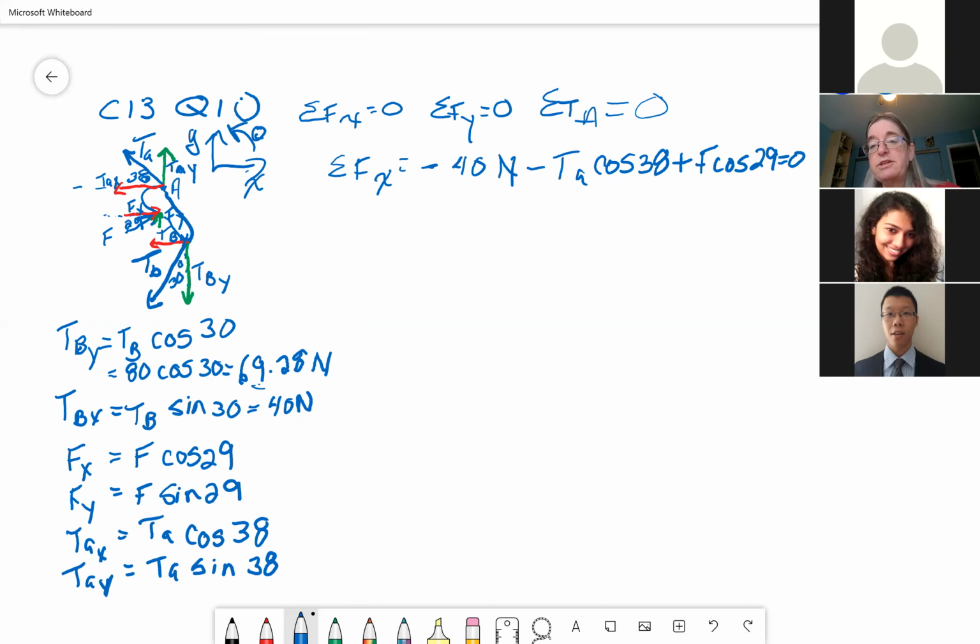Now, I could rearrange this and have everything in terms of F. I could choose F or TA. I have two unknowns in this equation. Actually, let's get the other one. Sum of forces in the y direction is going to equal negative 69.28, because again, it's pointing down.